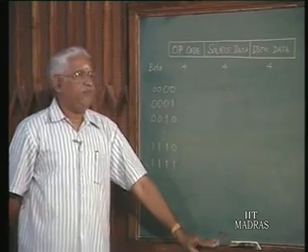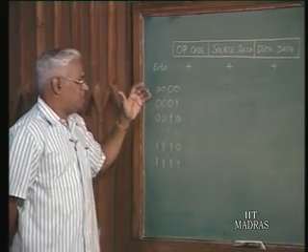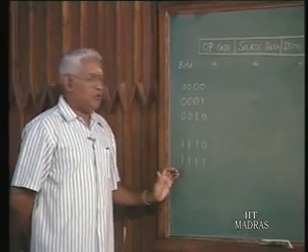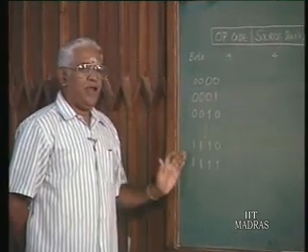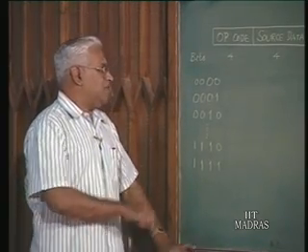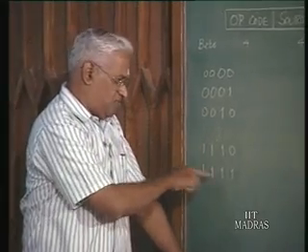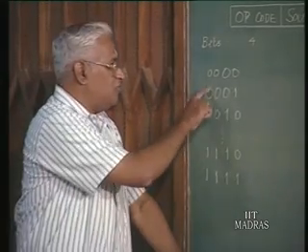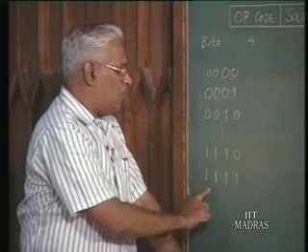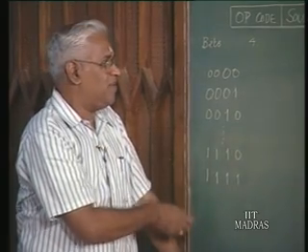Actually, these are the 16 possible codes. This is one way of coding, very economical in the sense that all the 4 bits in that field are used, starting from all zeros to all ones.